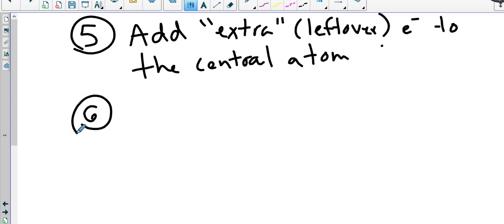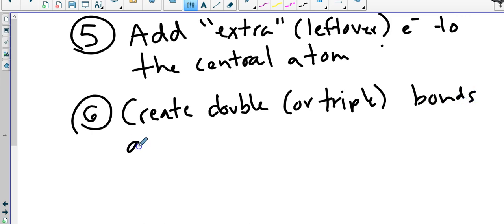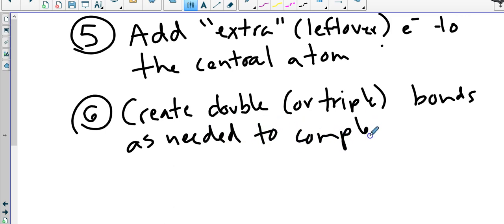Okay, and so step number 6 is to create double or triple bonds, sometimes there's triple, but not normally, as needed to complete the central atom's octet.